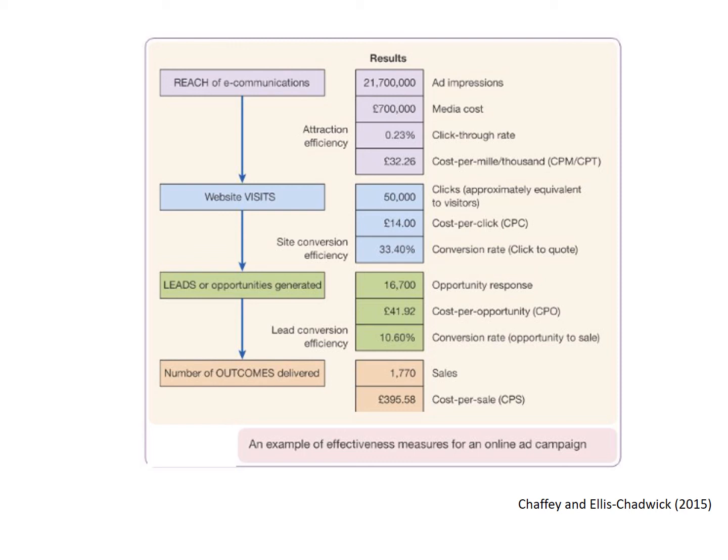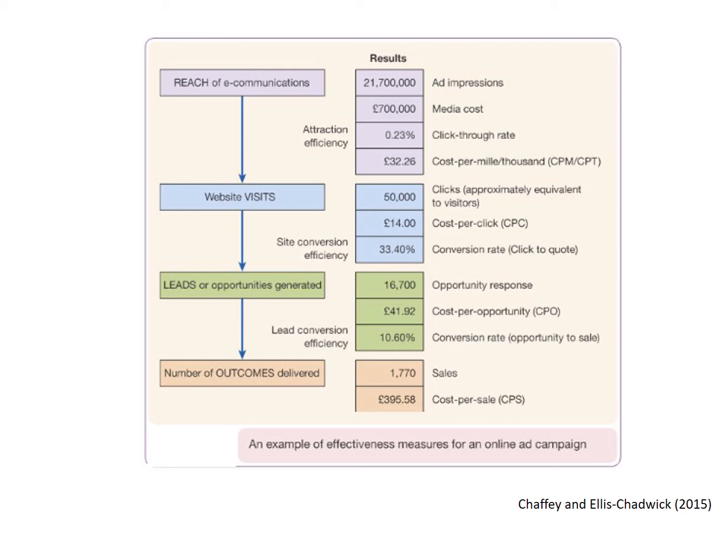And then we see how this leads to an opportunity generated. So we've got the click to quote, and then here's the opportunity. From those 50,000 clicks, we're saying that 33.4% is the conversion rate to an opportunity response. So it's costing £14 per click, and £14 times 50,000 gives you £700,000 cost.